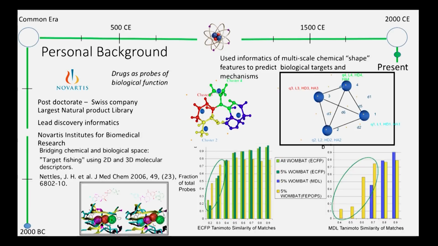We developed these multi-scale descriptors, which allow us to rapidly compare chemical types and use databases of compound information to do target prediction of unknown compounds. This becomes very interesting if we're extracting natural products with compounds whose biological target we don't actually know.